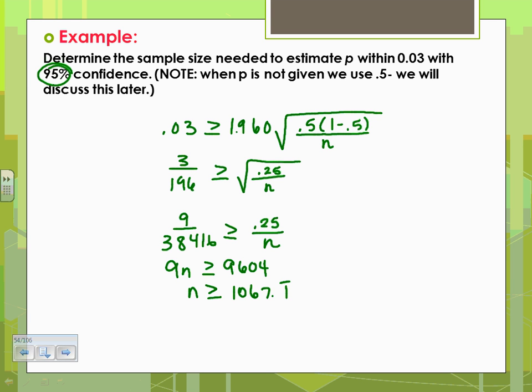So this is what I got. We can't have a fraction of a person, so we always have to round up. So we have to have at least 1,068 for our n in order to have a margin of error smaller than or equal to 0.03.